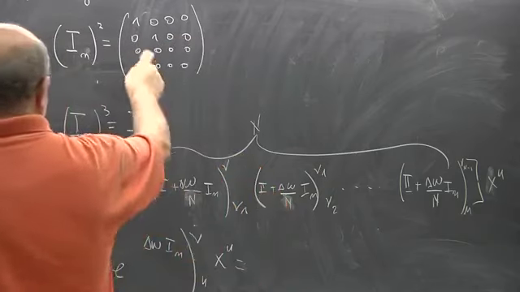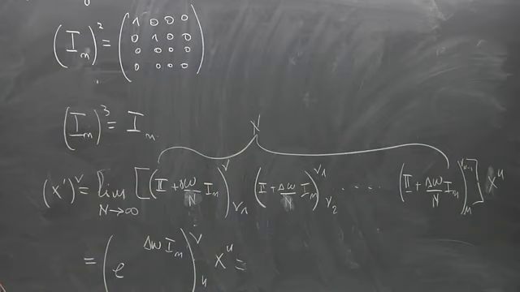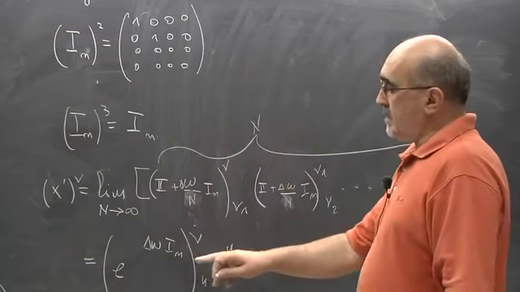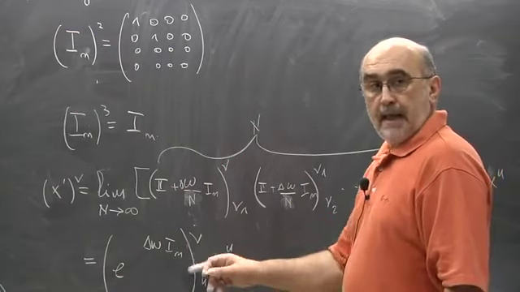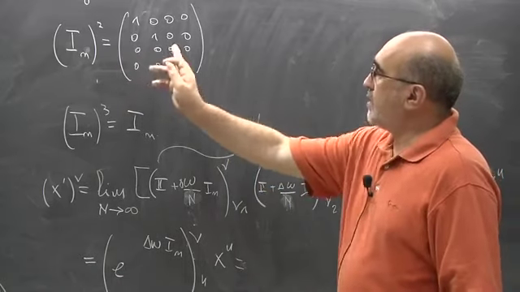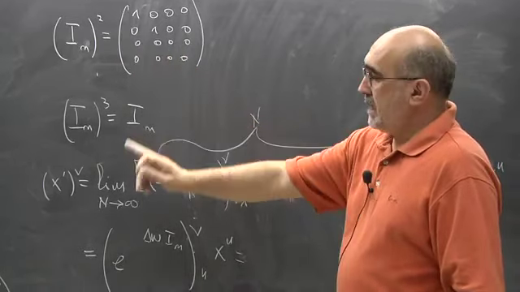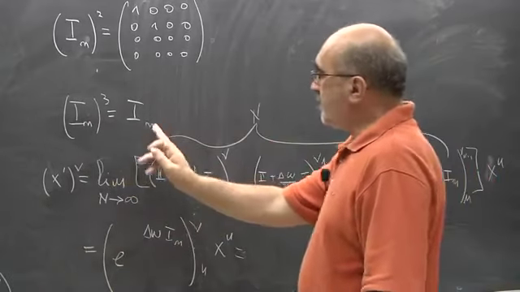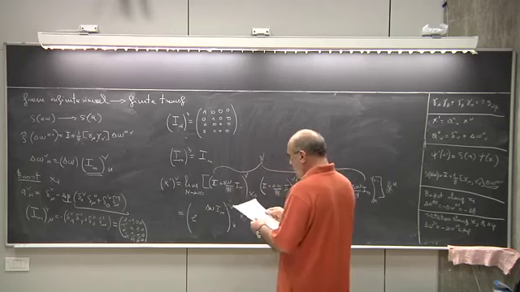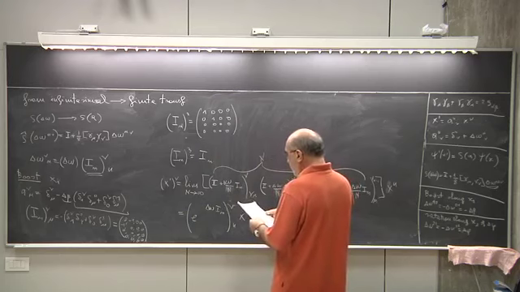But let's remember that when I have one I, now this is the series, I have to expand this, and I get In to the first power, In to the second power, and so on. But the second power is just this, and the first power is this, but the third power comes back to be this. So that means many of these will be the same.